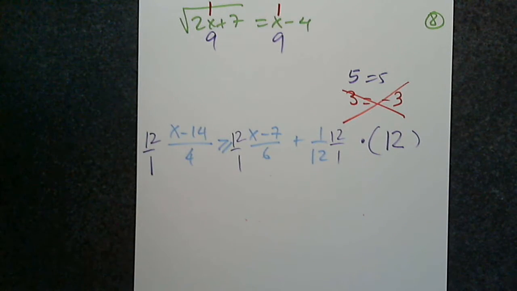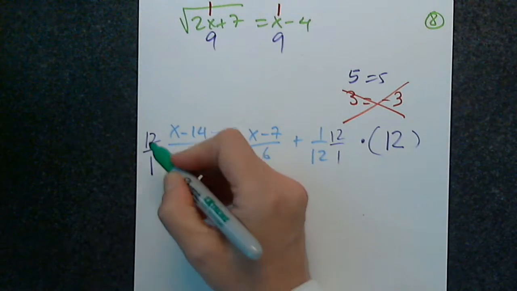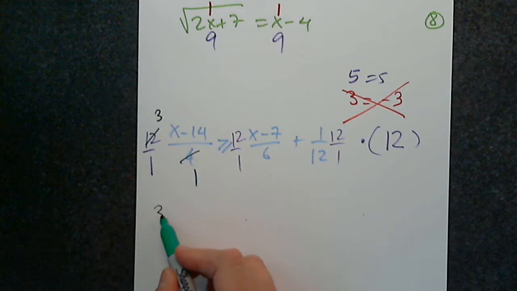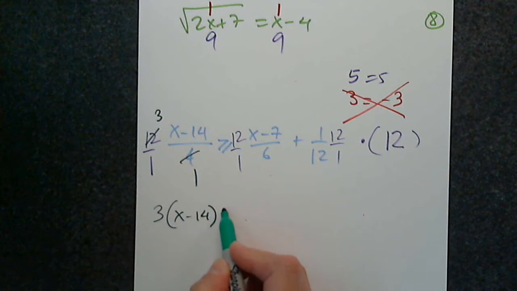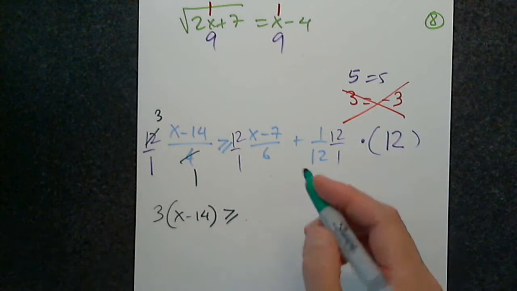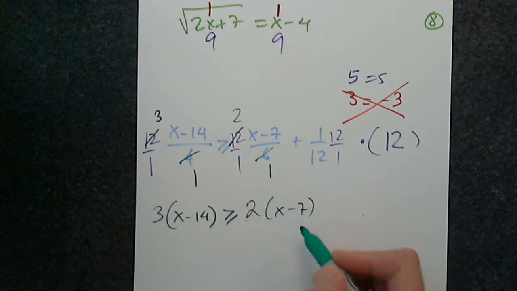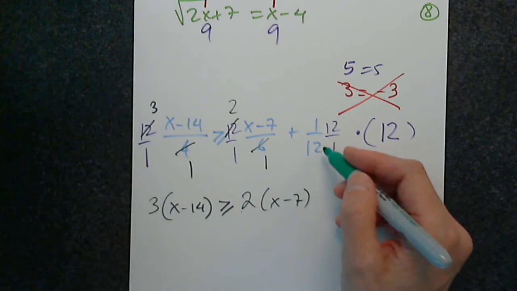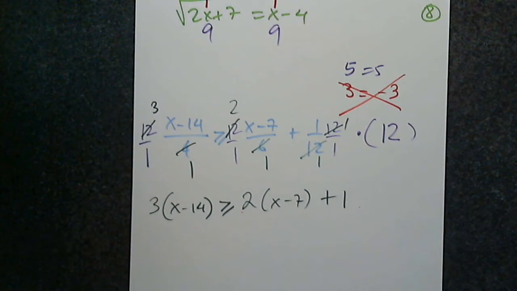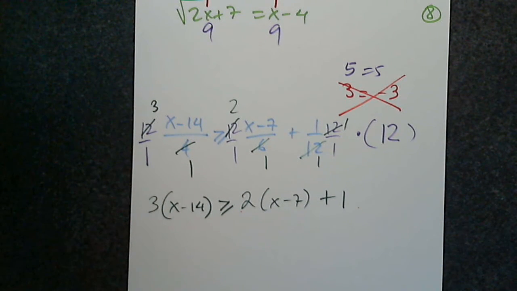So in the first fraction, I will simplify by 4, and I will get 3 parentheses x minus 14. In the second fraction, I will simplify by 6, and I will get 2 quantity x minus 7. And here I will simplify by 12, and I get positive 1.